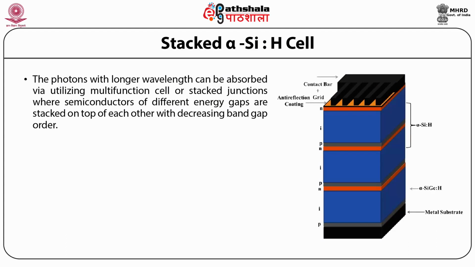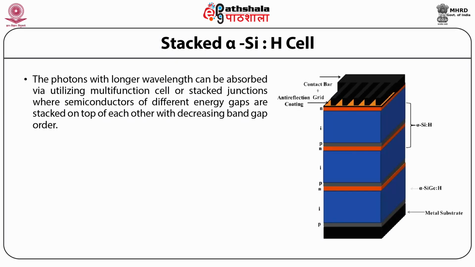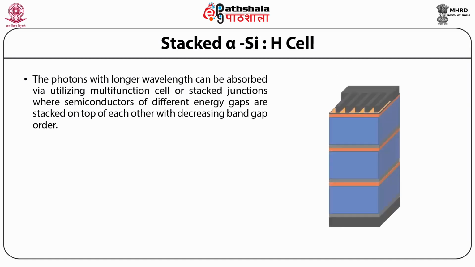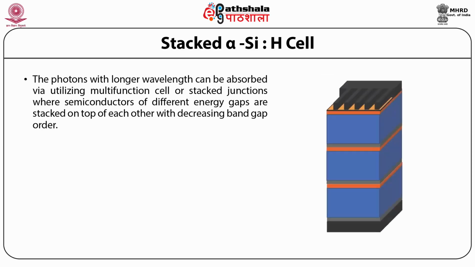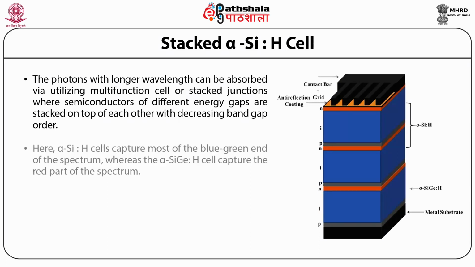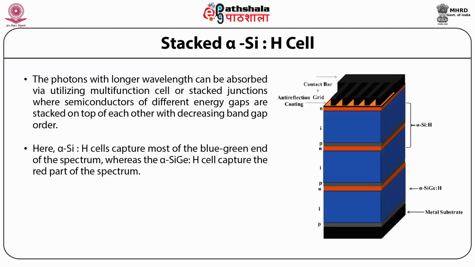The first two cells are standard alpha-Si:H acting as the intrinsic layer, whereas the third or last layer is an alloy of silicon, germanium, and hydrogen, which is alpha-SiGe:H. Here, alpha-Si:H cells capture most of the blue-green end of the spectrum, whereas the alpha-SiGe:H cell captures the red part of the spectrum.